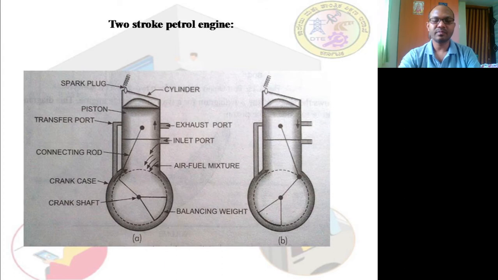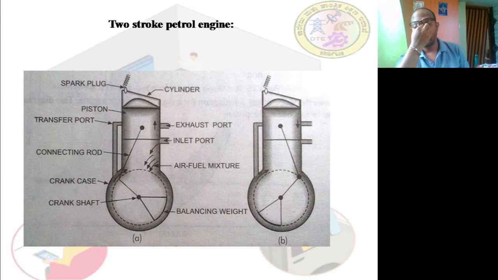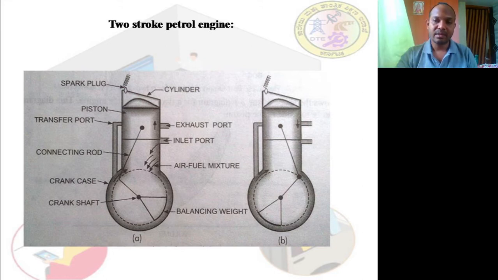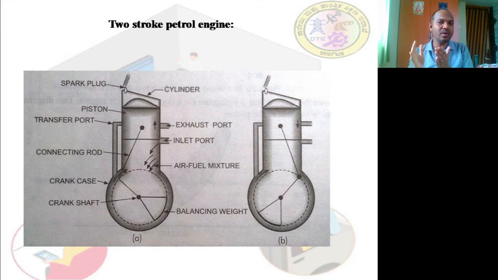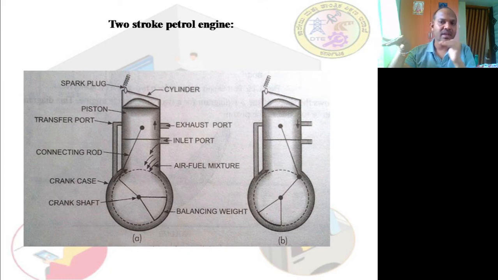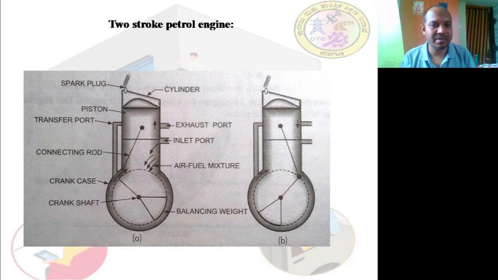Now, one of the major drawbacks here is, as I have already told you to remember, the exhaust gases will be going out simultaneously as the fresh charge is entering. The fresh charge is entering and the exhaust gases are going out. So what happens here?